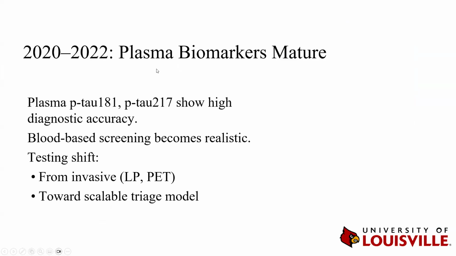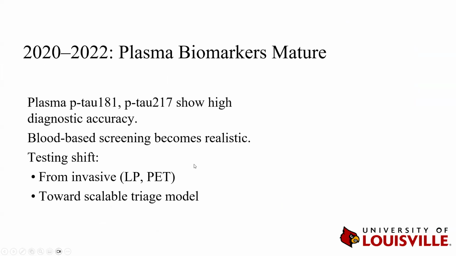Okay, so at this point, the plasma biomarkers are starting to mature, essentially meaning using serum. Specifically, plasma phosphorylated tau 181 and phosphorylated tau 217 are showing high diagnostic accuracy, making it easier to just send a patient to a Quest or some sort of lab center to have some blood drawn.